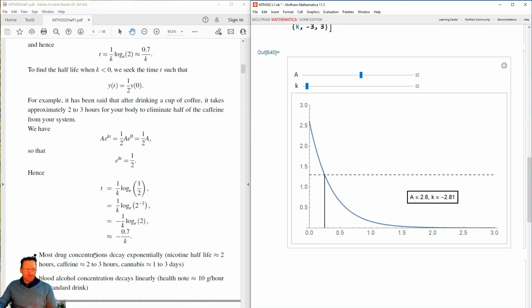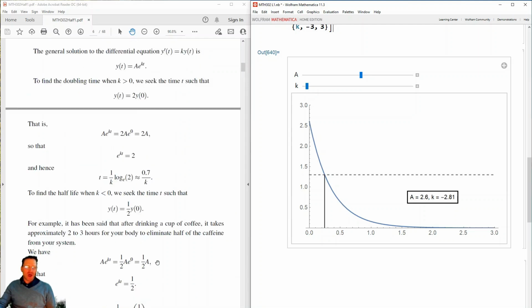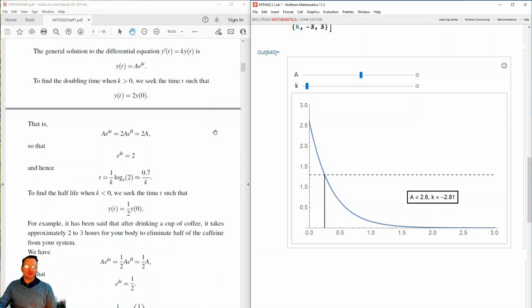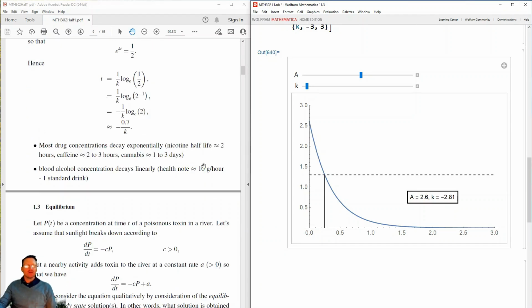Okay, other drugs have different half-lives, right? Similar behavior, exponential decay, but different half-lives. And remember what that corresponds to. It's a different K value. So if we scroll back up here, a different drug would have a different K value in this rate of change up here, leading to a different half-life.